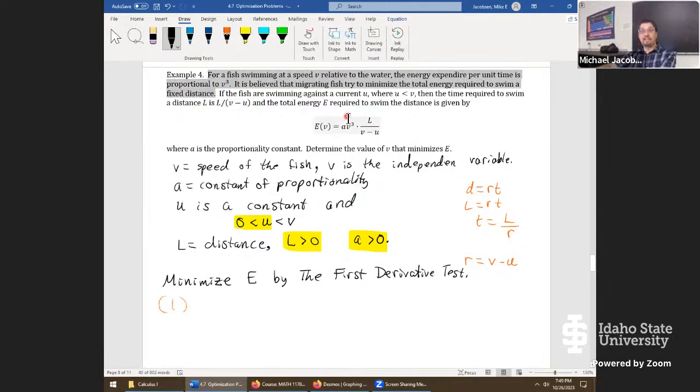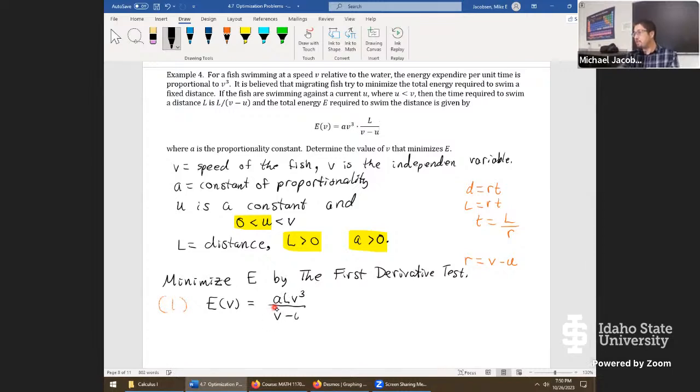So they were talking about proportionality constants and such. But that's not the most convenient form for differentiating. Let's write it this way. Energy expenditure at velocity V for the fish, V right here is the variable. I'm going to take a V cubed, put it in the numerator, but write it this way. A L V cubed.